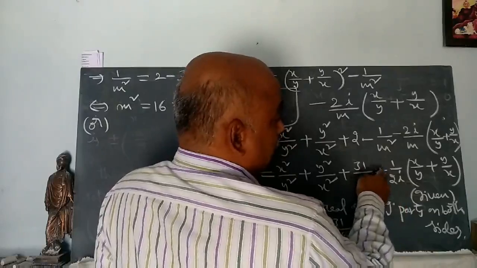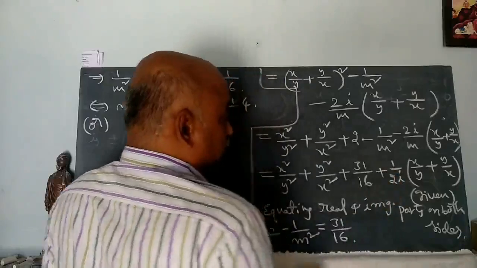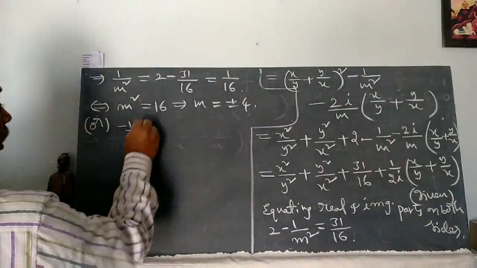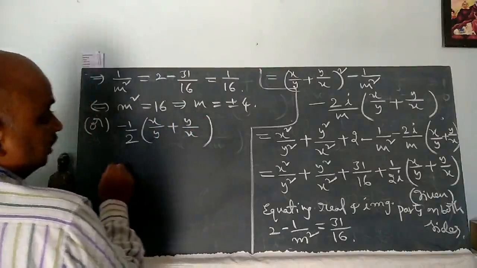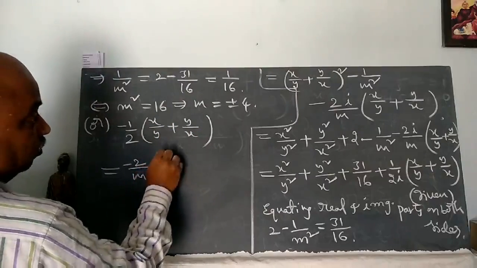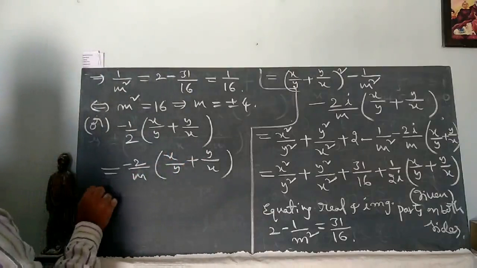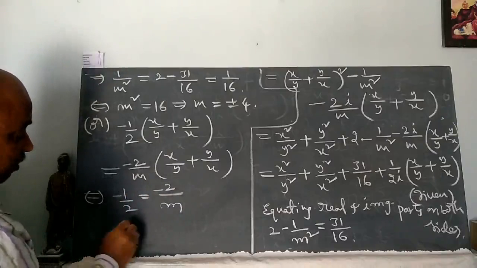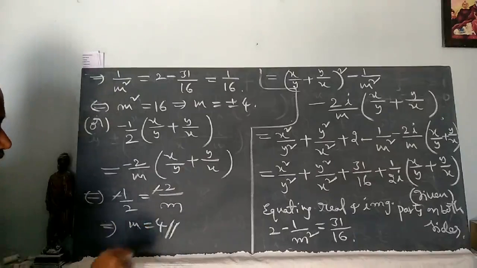So minus i by 2, so the coefficient is minus 1 by 2, minus 1 by 2 into (x/y + y/x) is equal to minus 2 by m into (x/y + y/x). This implies minus 1 by 2 is equal to minus 2 by m. This implies m is equal to 4.